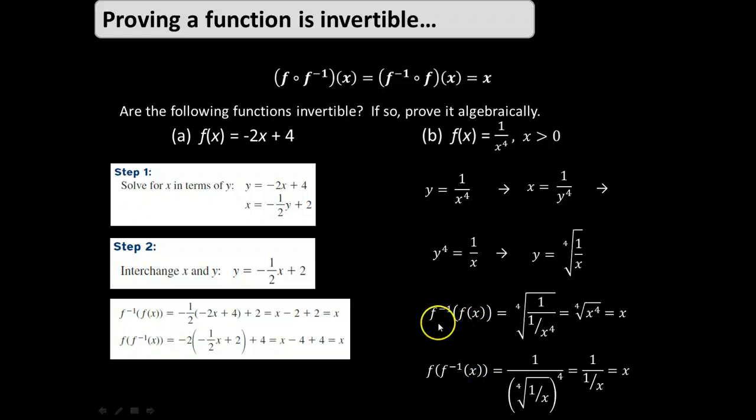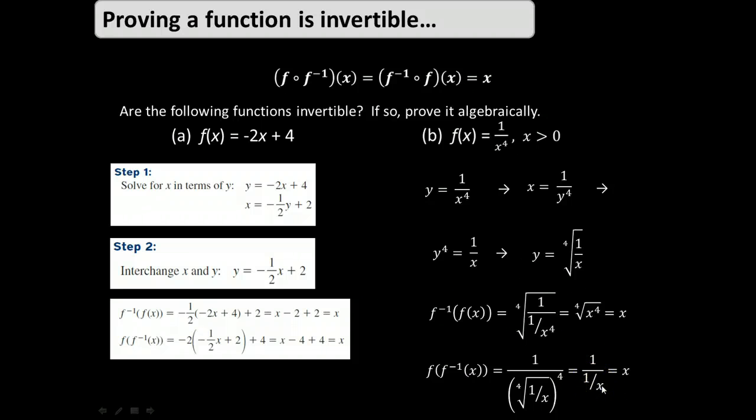Okay, let's do our second composition. Let's do f composed with f inverse. So I'm going to put the f inverse function, this 4th root of 1 over x, into the f function, which says 1 over x to the 4th. So I have 1 over, here's my inverse function, to the 4th power. Well, when I have the 4th root of something raised to the 4th power, those cancel one another out, and I'm left with 1 over 1 over x.